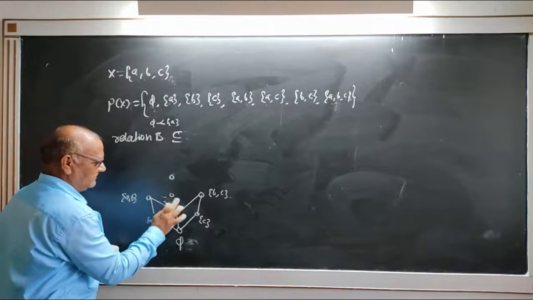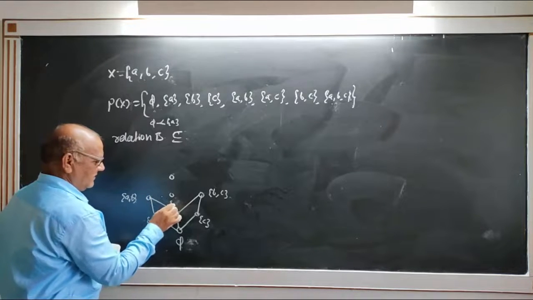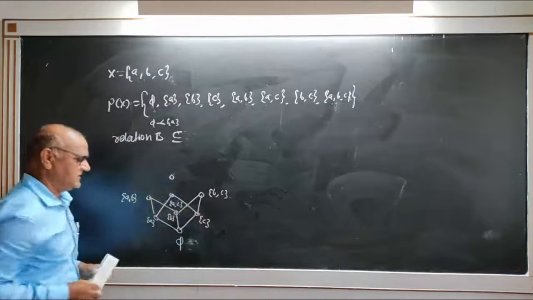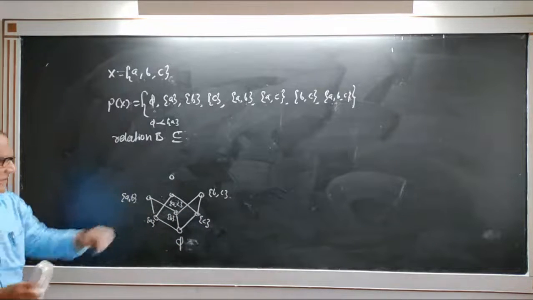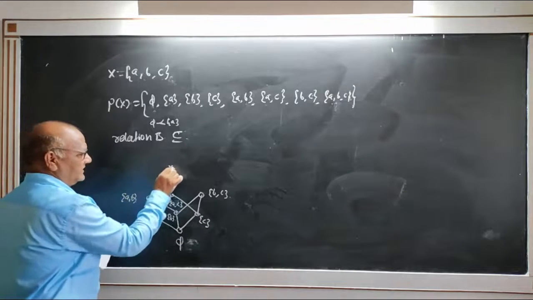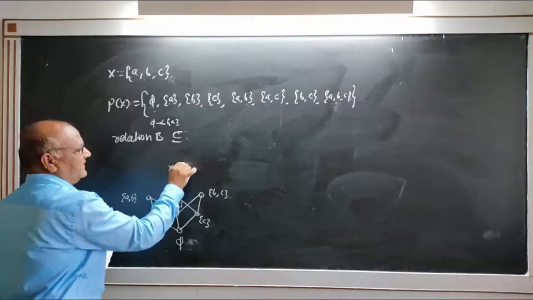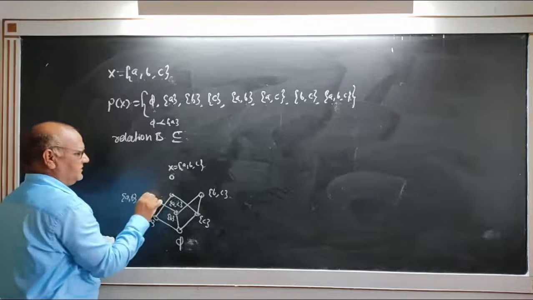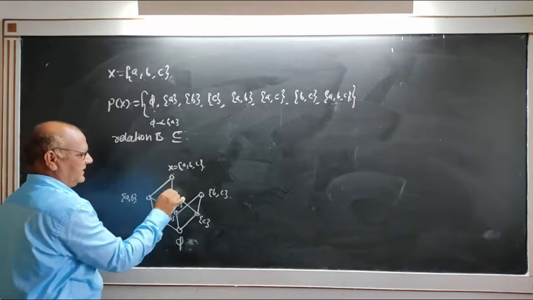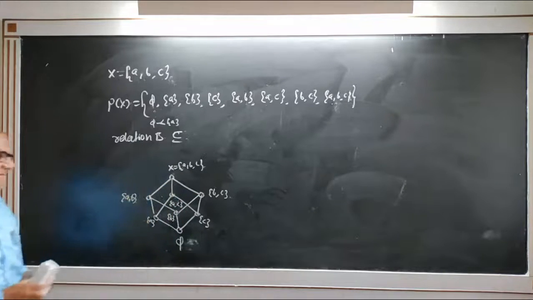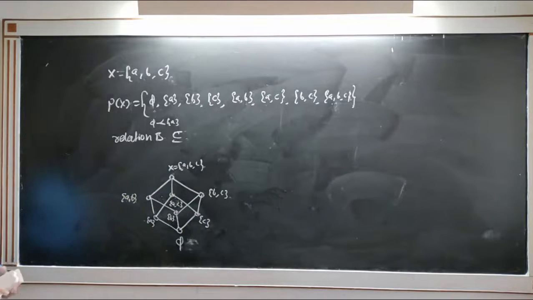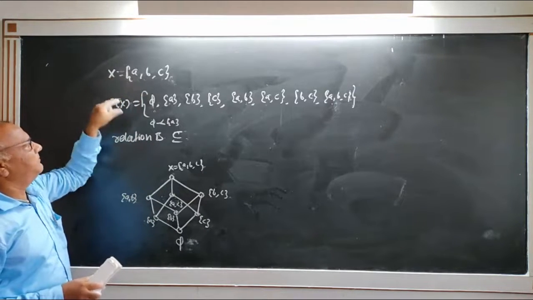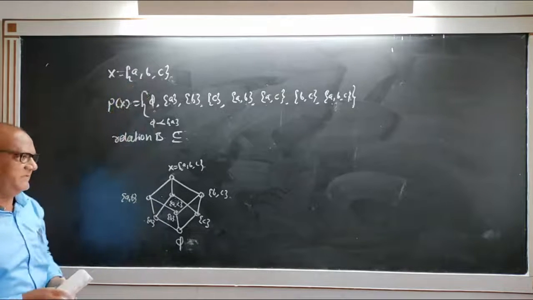Also A is like this. Okay. Now this is X. X means A, B, C. Here AB is a subset of this set, also covered like this. This diagram is a cube for P of X, where X contains 3 elements.